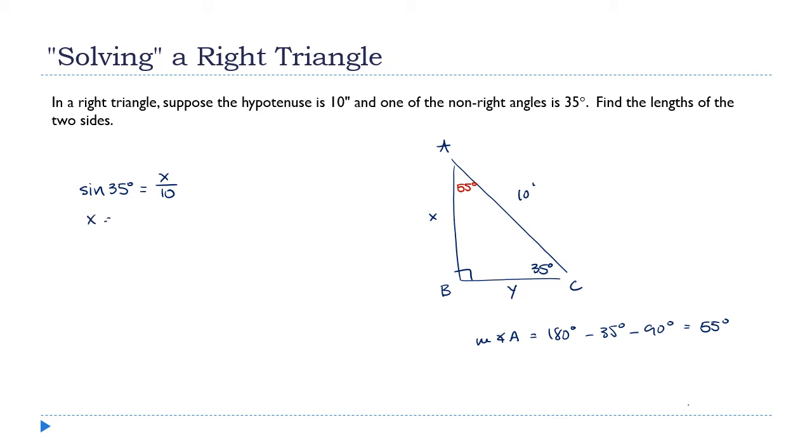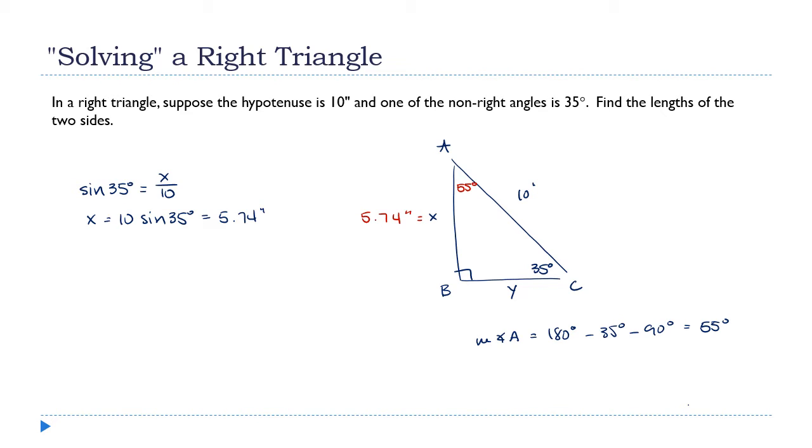So that means x is 10 sine 35 degrees. And for these practical questions, we're always going to end up going to our calculator. My calculator tells me that this is going to be 5.74 inches.